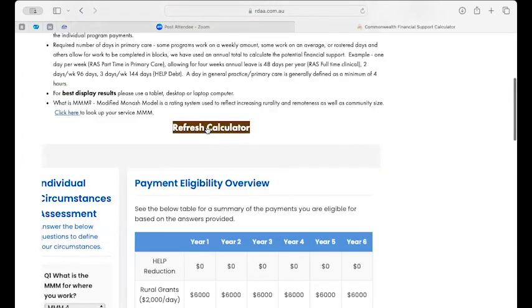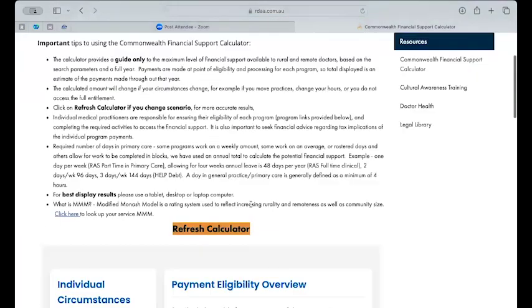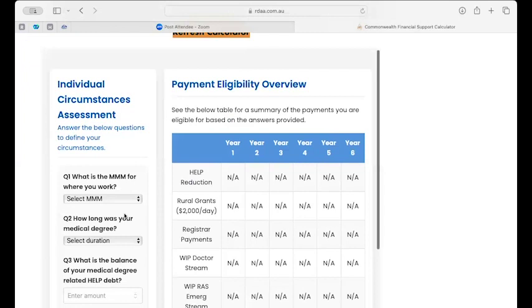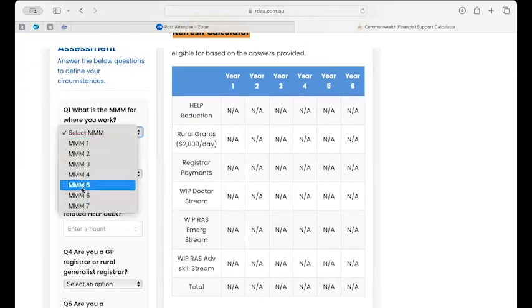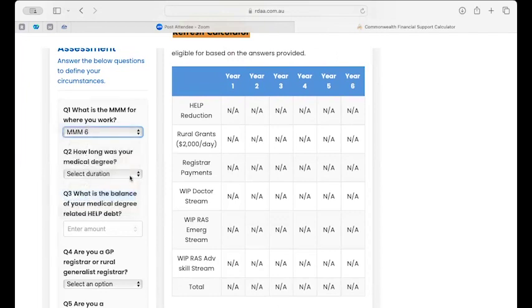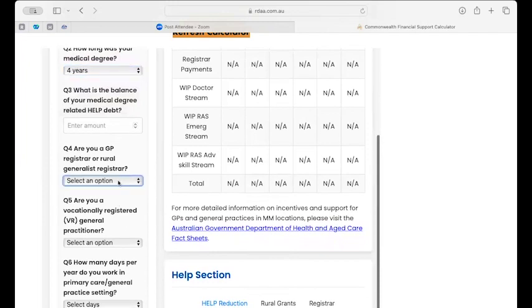I will do something here for a non-VR doctor, because we have a lot of non-VR doctors working in our rural and remote communities. So I'll say they're going to MMM6, a remote location. Their medical degree may have been 5 years, but have no HELP debt. We'll do it for an overseas trained doctor, and one not yet on a training program.